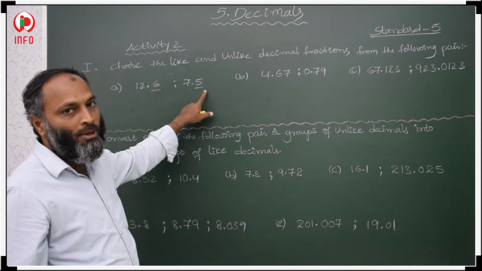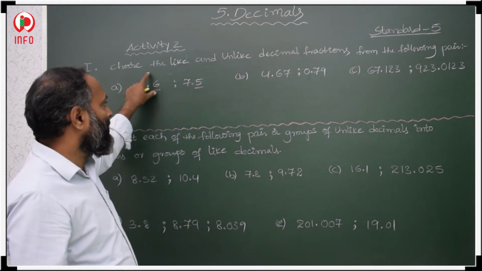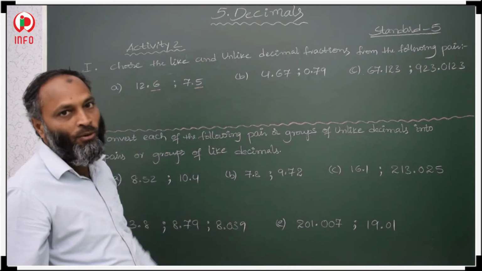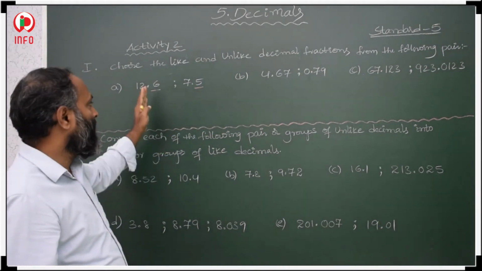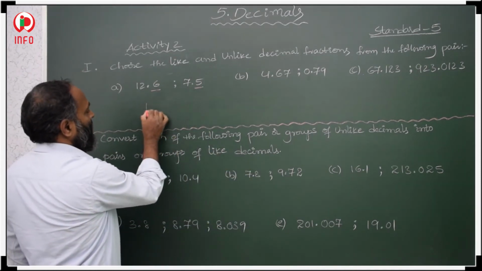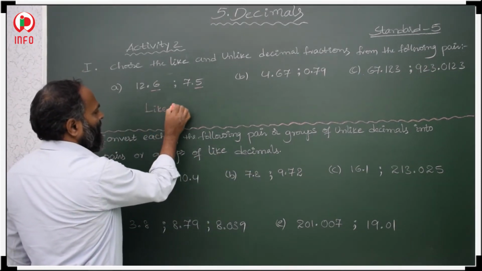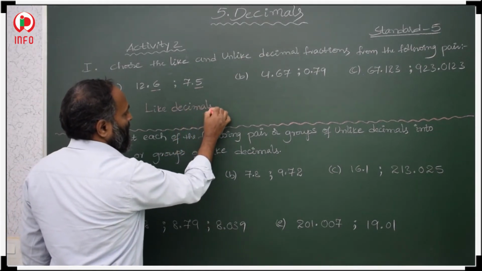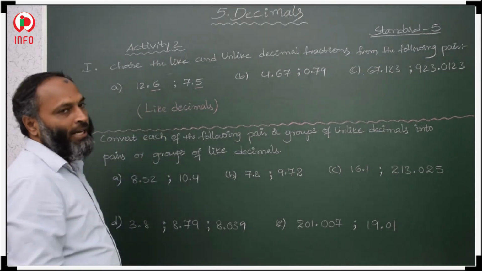This is our first number, this is our second decimal number. Only 1 decimal place is there in each, so equal numbers of decimal places are there. So these are like decimals.